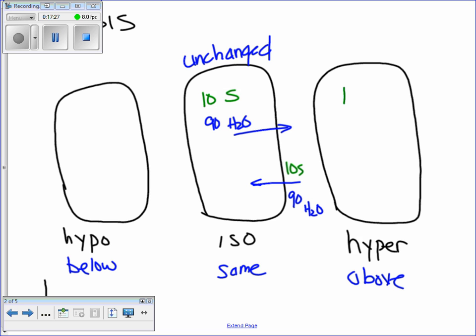If we go with the same scenario inside the cell, 10% solute, 90% water, that means in a hypertonic situation, what happens to the solute level outside? It has to go up. It's hyper. It's above. So let's say it jumps up to 25 units of solute. Well, what does that do to the water? The water decreases to about 75.